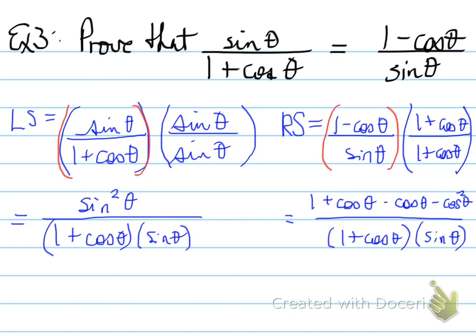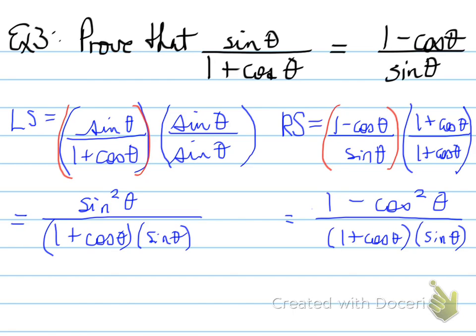So let's see that again. 1 plus cos theta minus cos theta minus cos squared theta. Once we do that, you'll notice that the cos thetas will cancel each other out. They subtract each other away. So cos theta minus cos theta is 0, and you're left with, in the numerator, 1 minus cos squared theta.